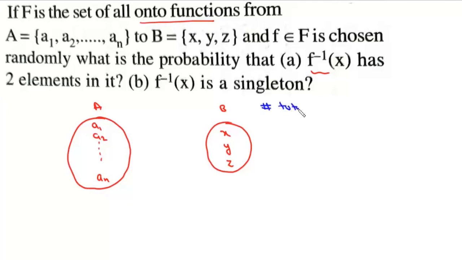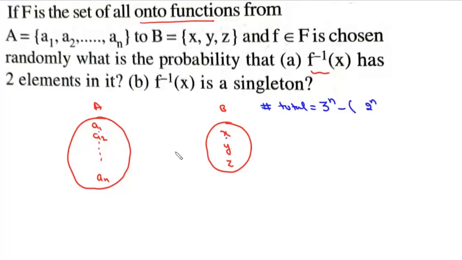So we have to find the total number of functions that can be defined. So from the total, we'll subtract all those cases in which at least one of the elements is missing. For each element, we have 3 choices. So the total number of functions that can be defined from A to B will be 3 to the power n. Now minus this first case when x is missing, it will be 2 to the power n.